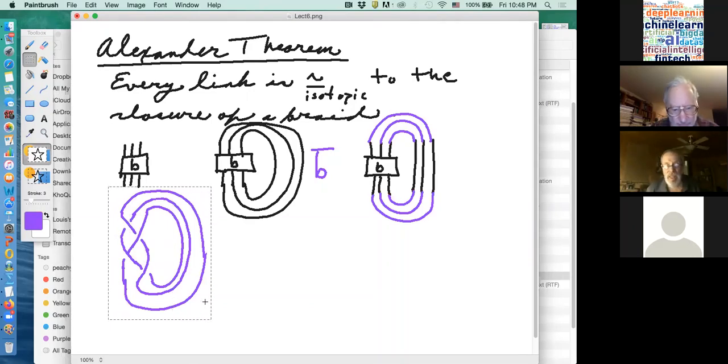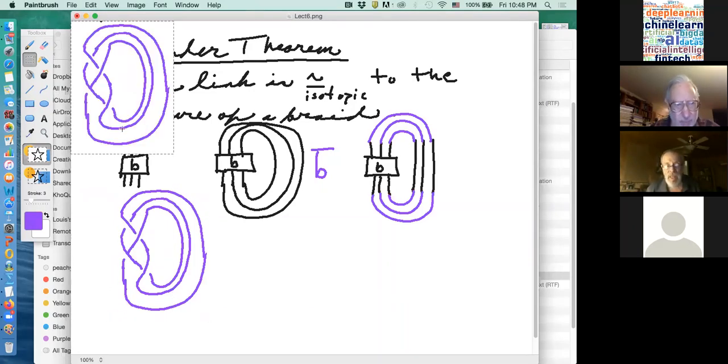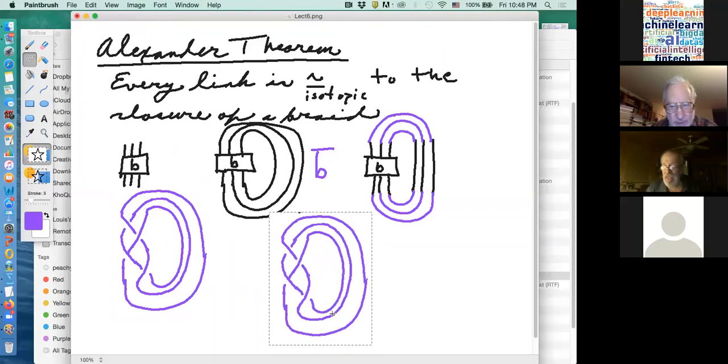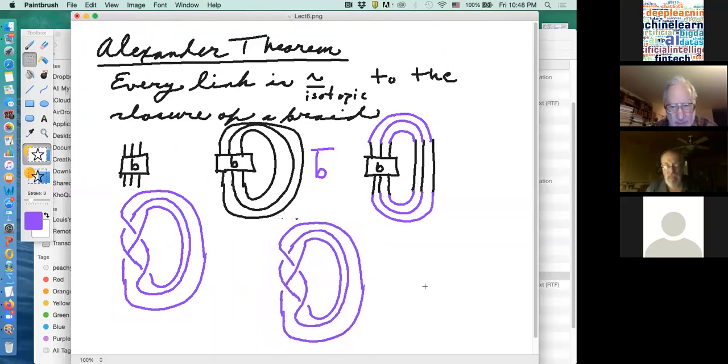So, there's our guy. I want to make it look more like a familiar knot, so I take this arc here and swing it around.